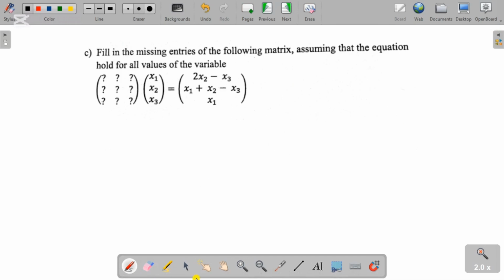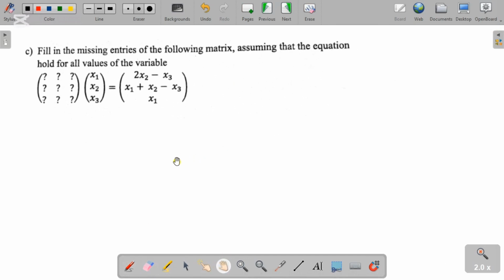And the next one, being example C, says that we should fill in the missing entries. In other words, they're asking us to get the values for these entries that are represented with question marks here, assuming that the equation holds for all values of the variables. So what are they expecting us to do? Of course, it's a very simple thing to see.